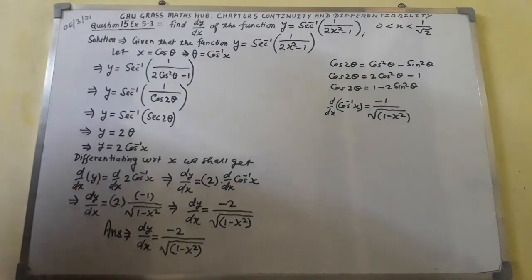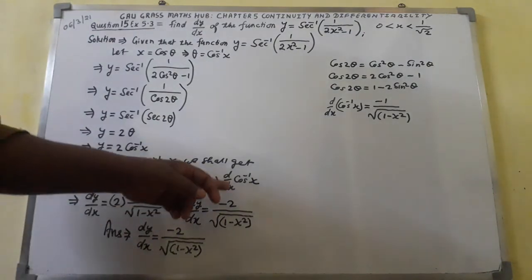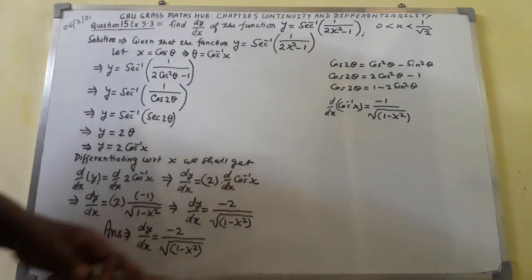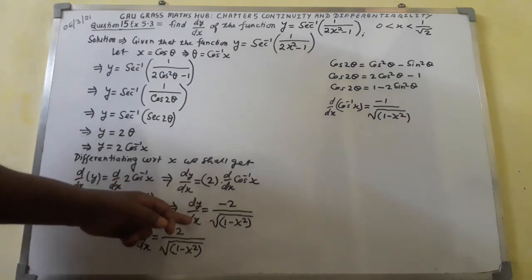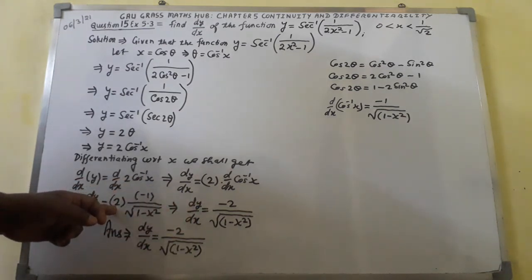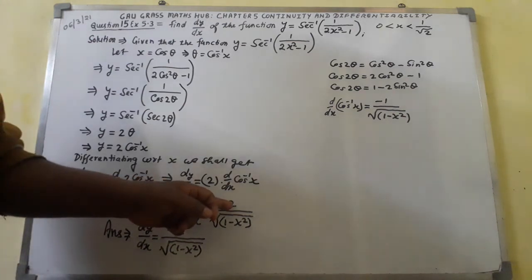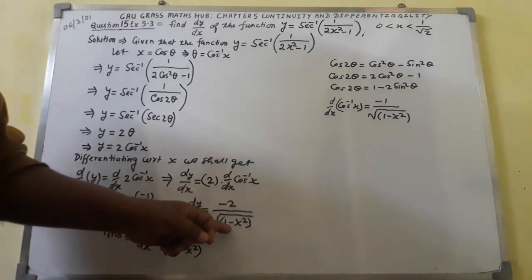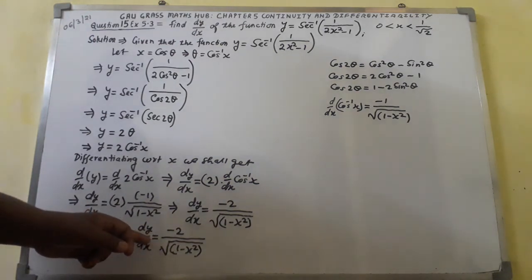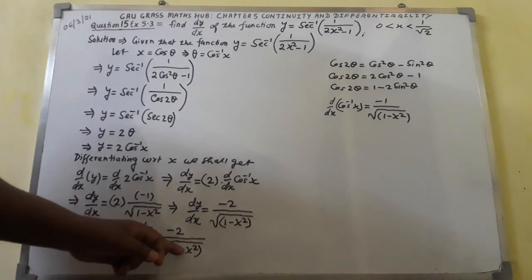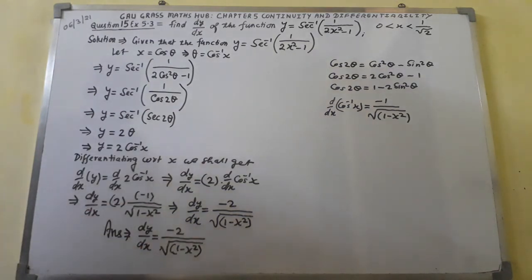So dy over dx is 2 multiplied by minus 1, which comes out to be minus 2 over under root 1 minus x square. This will be the correct answer of question number 15, exercise 5.3.